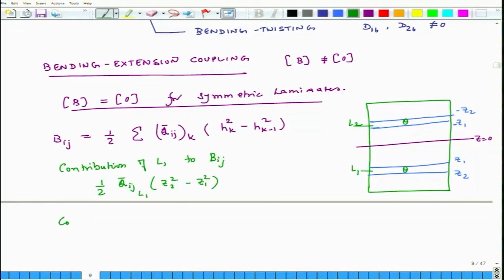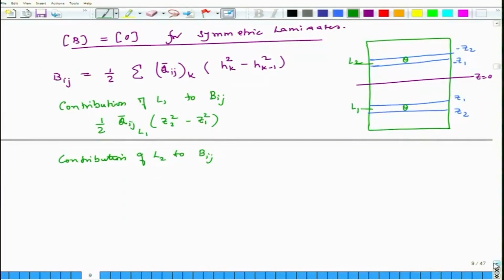And contribution of L2 to Bij. No, this is for L1. So, it is Z2 minus Z1. So, contribution of L2 to Bij, what will it be?